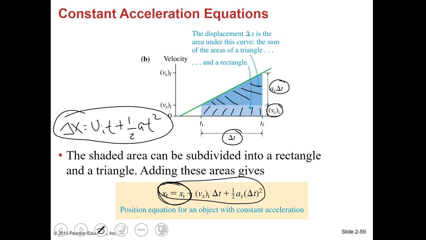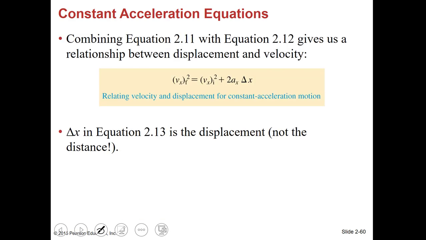What if you don't know anything about the time, but you want to figure out the displacement or some other quantity? You can take the first equation and second equation and solve for t in one of them, plug it into the other one, eliminate time, and come up with a third kinematics equation. So velocity final squared is equal to velocity initial squared plus 2a times delta x.